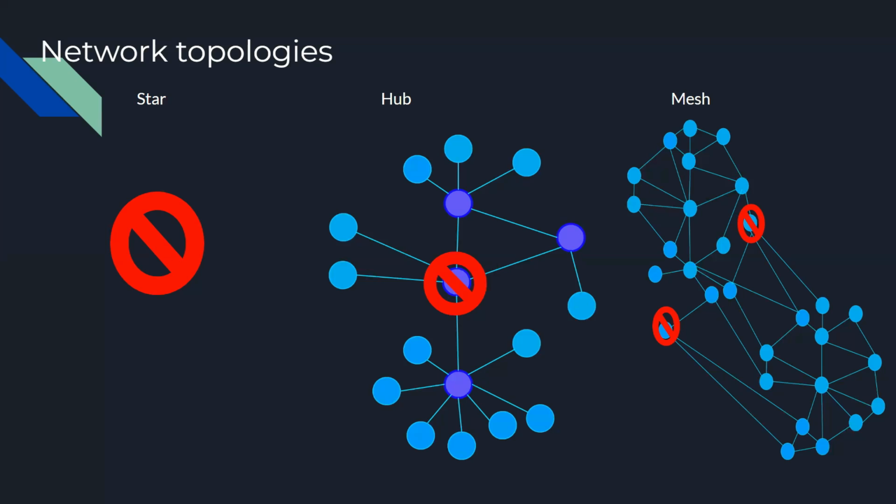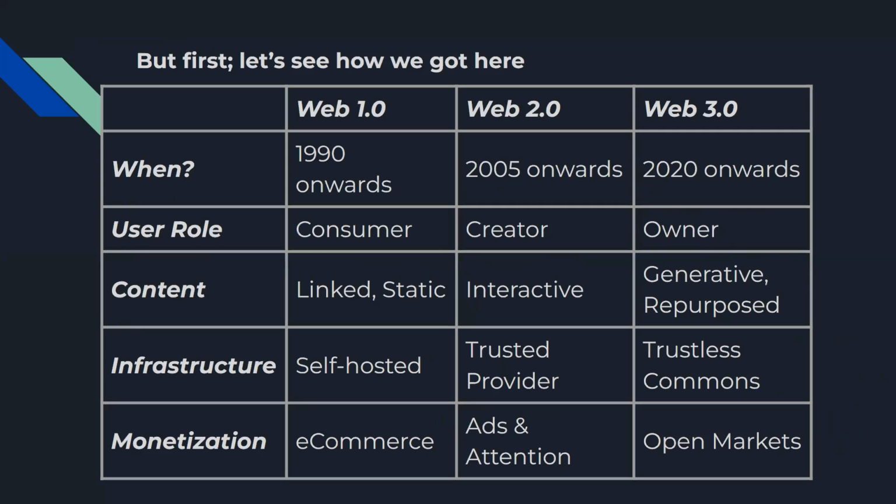Now this is how the web has been used, and it's different paradigms. There was Web 1.0, which was from 1990 onwards. Web 2.0, which was from 2005 onwards.